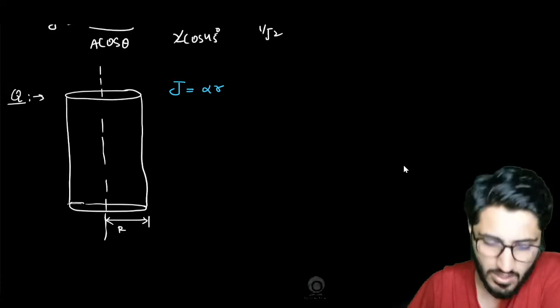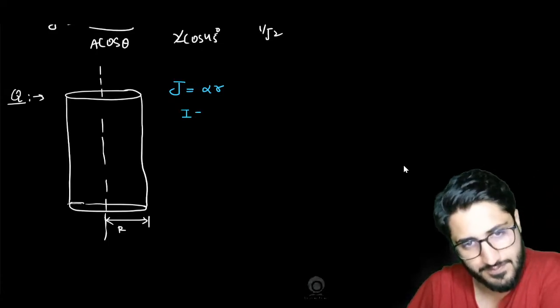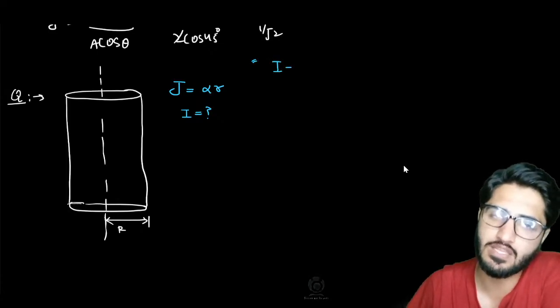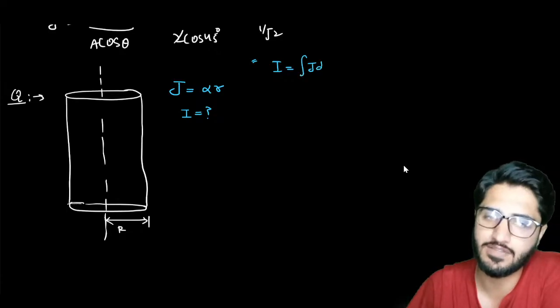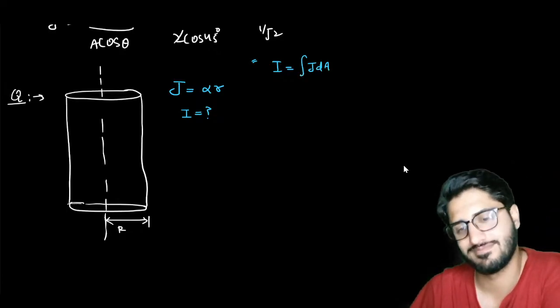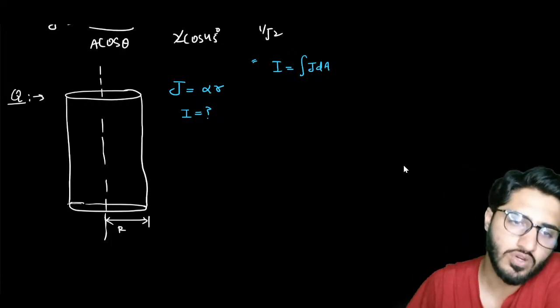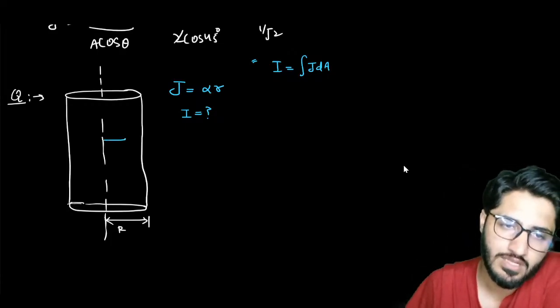So we need to get the current. In this way, how to get my current? I guess we know the equation. I equals the integration of J dA. Whenever you find this in physics, go to the radius R and cut an element of width, of thickness dr.